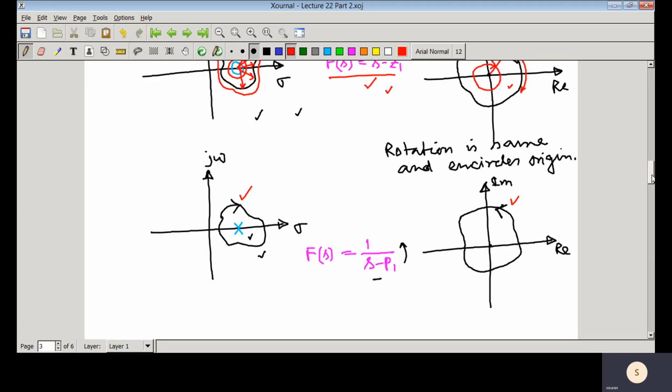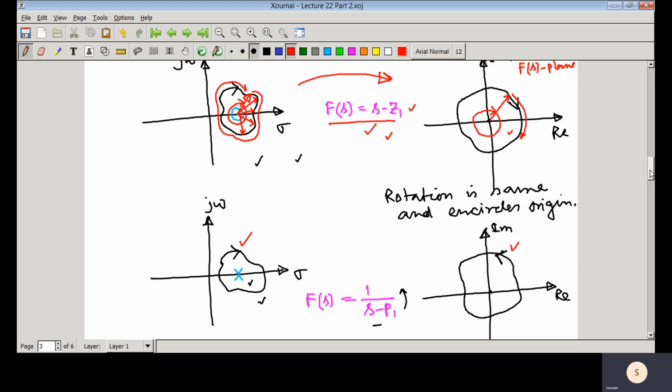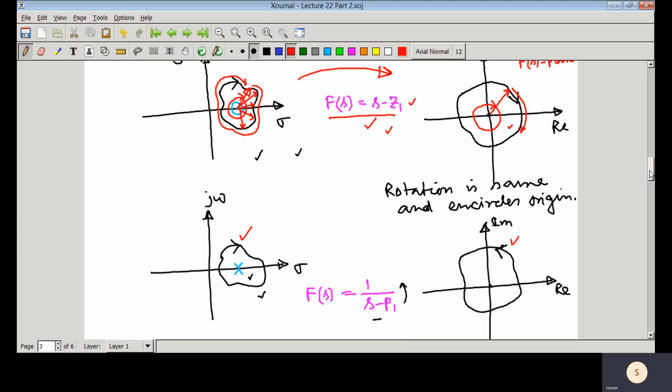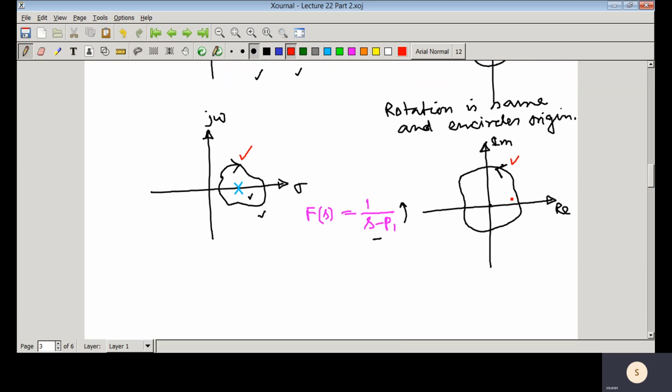So this is very important. But in the case of a zero, it does not happen because it is in the numerator. So the angle contributed by it, if it is positive, remains positive, and if it is negative, remains negative. In the case of a zero, the direction of rotation remains the same. But in the case of a pole, the direction of rotation is reversed.